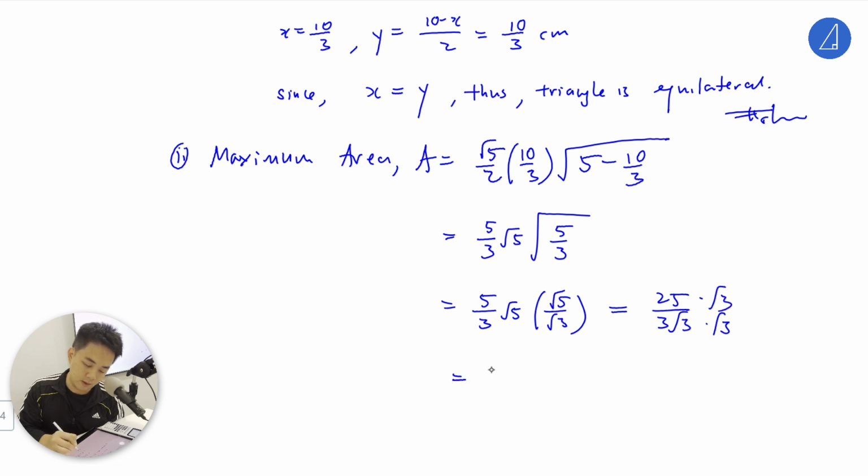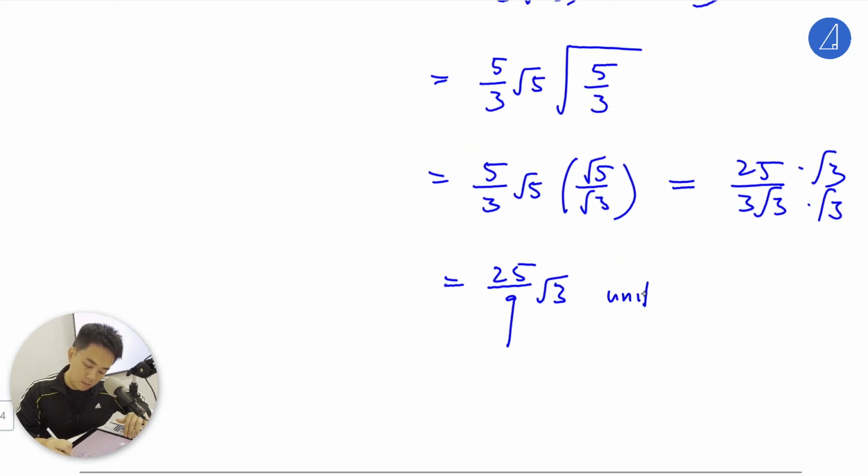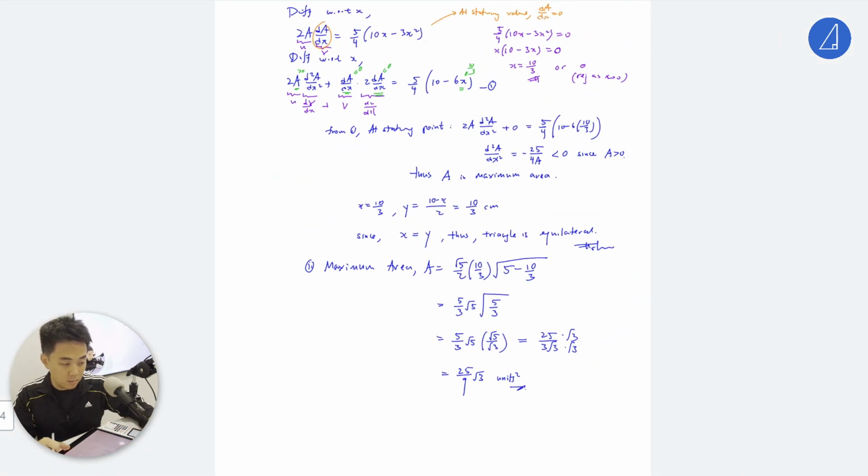Rationalize the denominator. Okay, that's it.